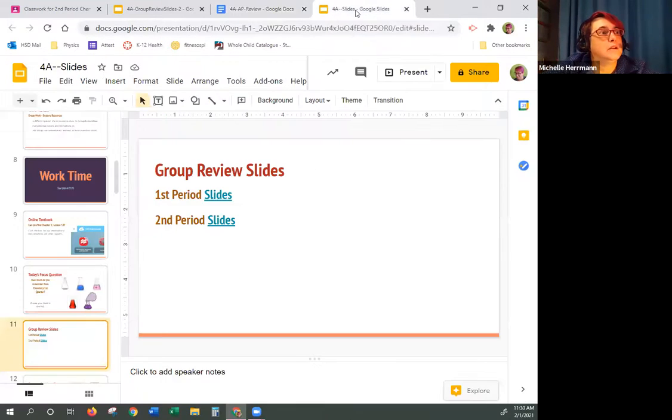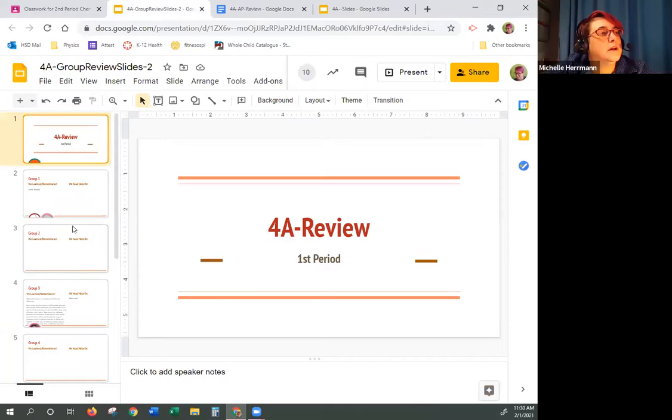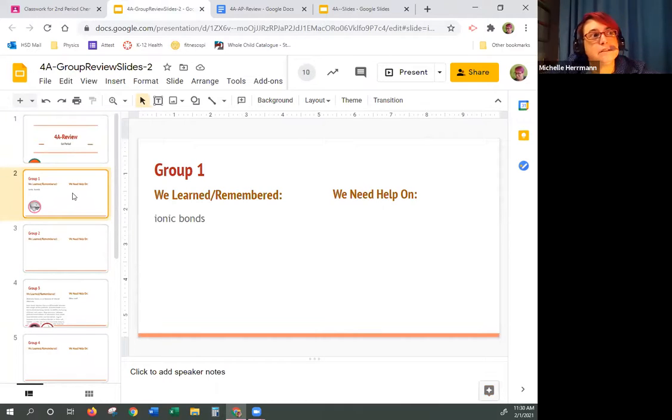Then something I asked you to do that worked for some groups and not for other groups. That's okay. We're still trying things. And that is just to jot down some things that you learned. So for instance, I have something from group 1, learning about ionic bonds. Yes, that's something that we did before.